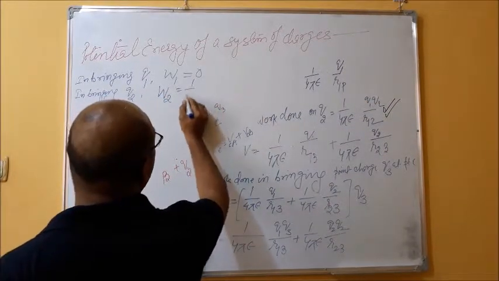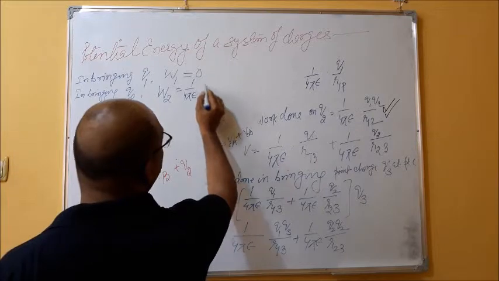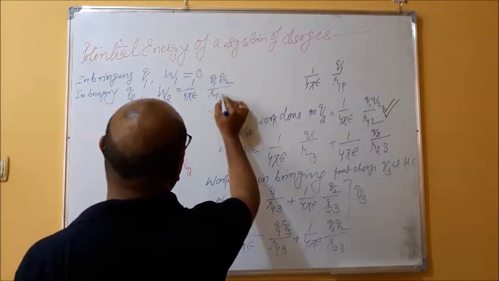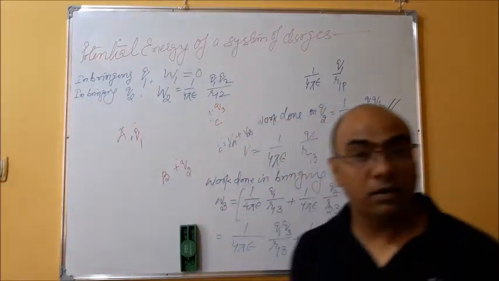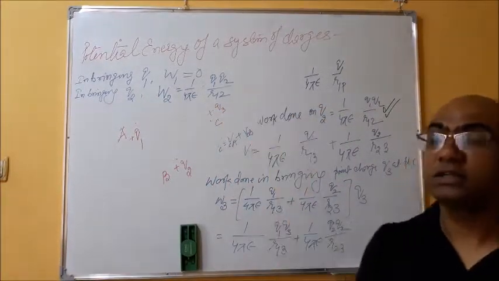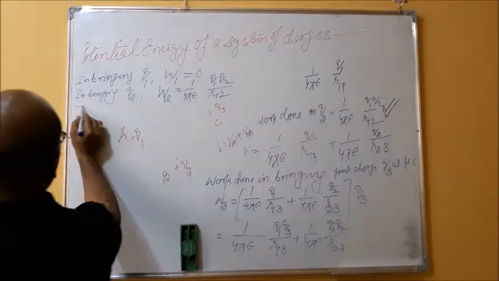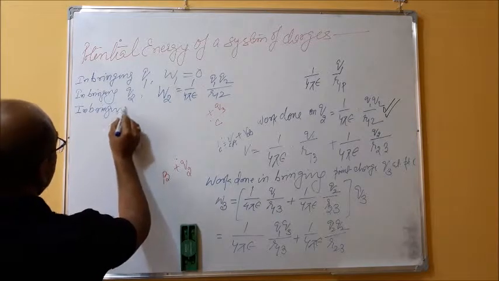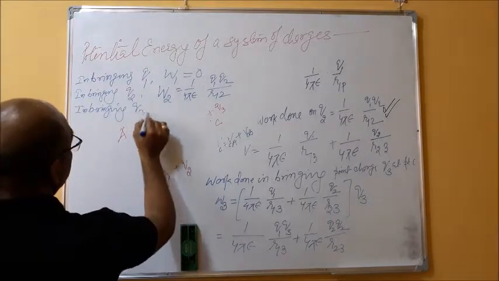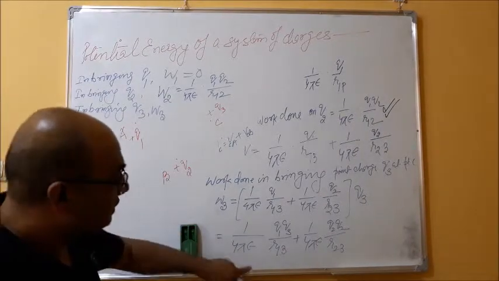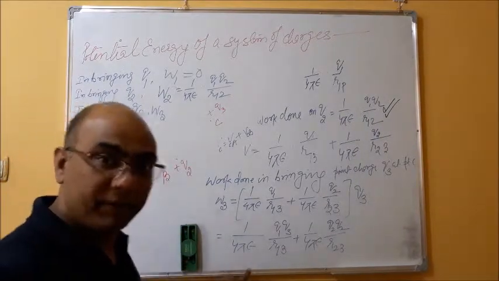W2 is 1 upon 4 pi epsilon Q1 Q2 upon R12. Right? So we have Q1 and Q2. Now I want to bring third charge particle Q3. So in bringing Q3, work done is W3 and the value of W3 is given here, right?